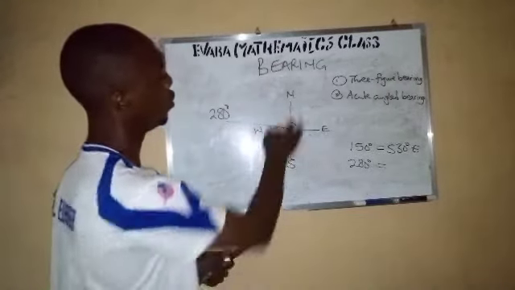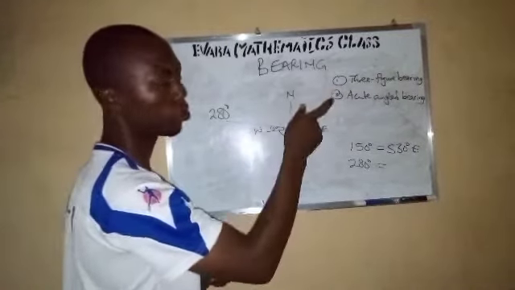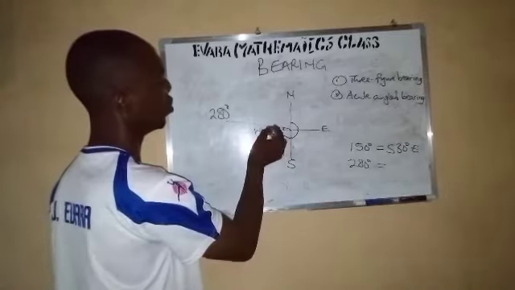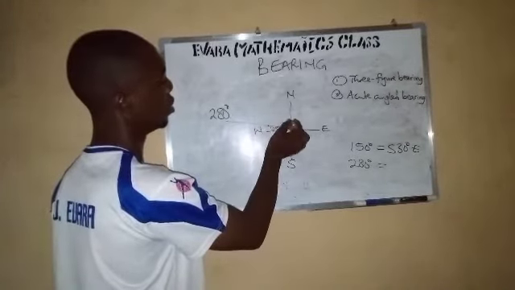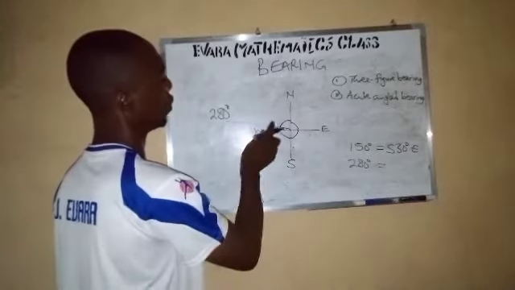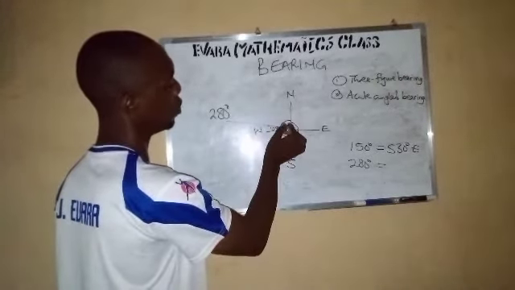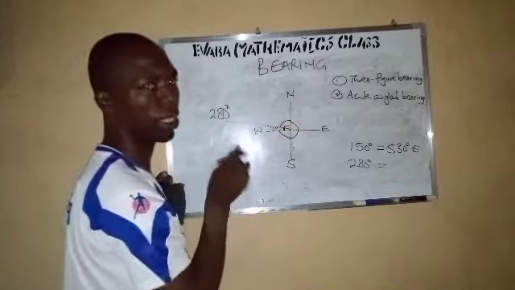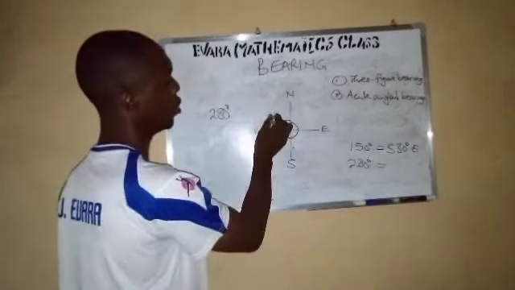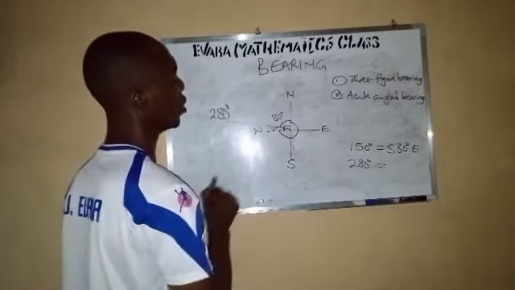And since it is northwest, we don't have west-north. We will start the counting from north down to this line. This is the angle that we need. And since we know that this place, everything is angle 90 degrees, if you subtract 10 from 90 degrees, you'll be left with 80 degrees.